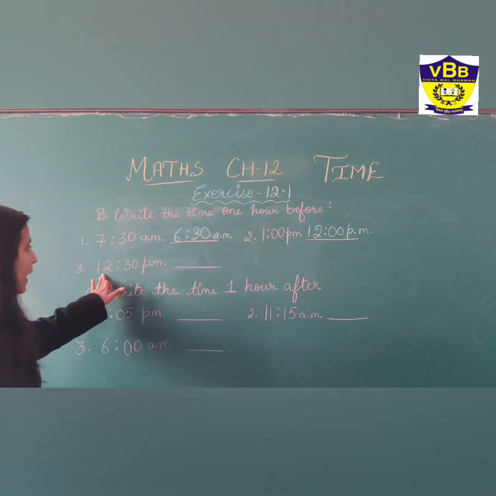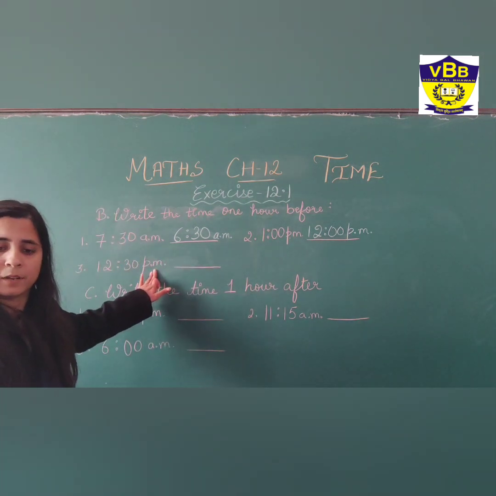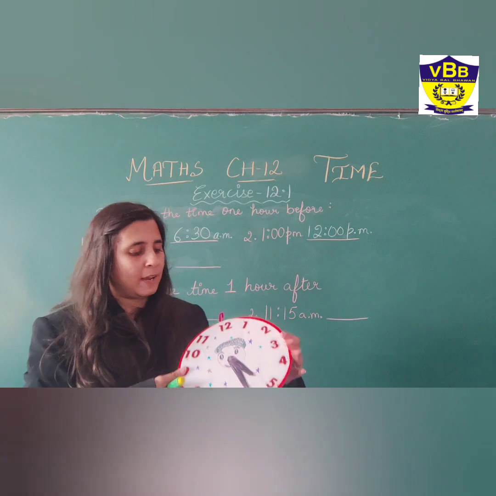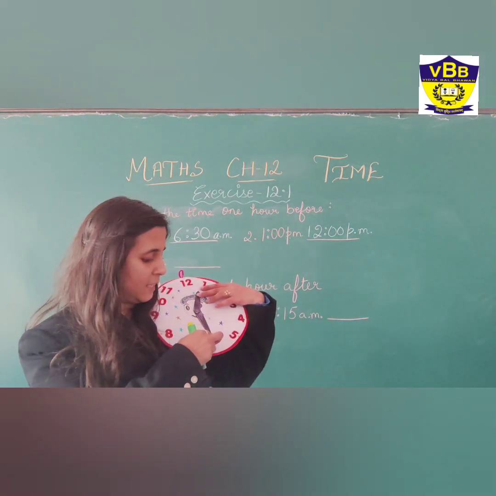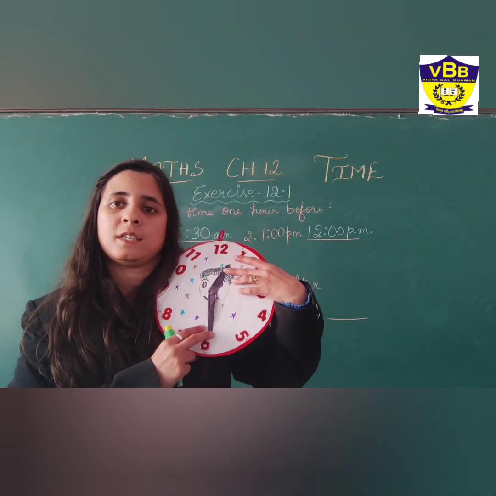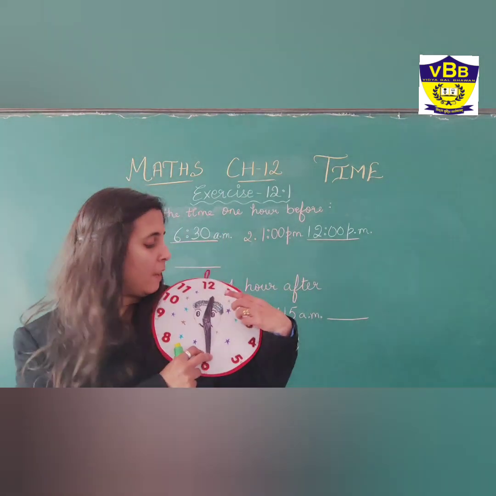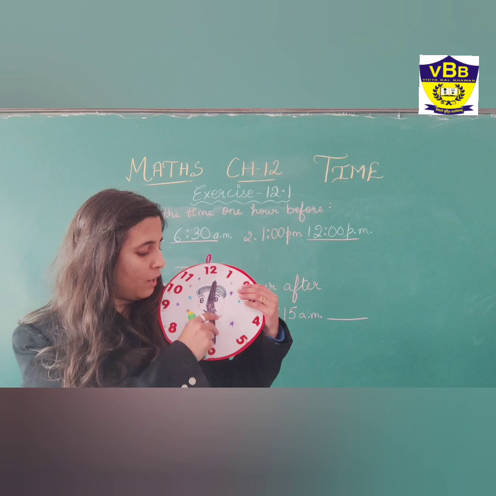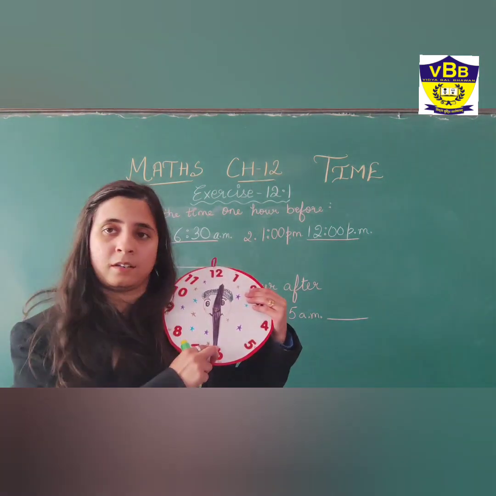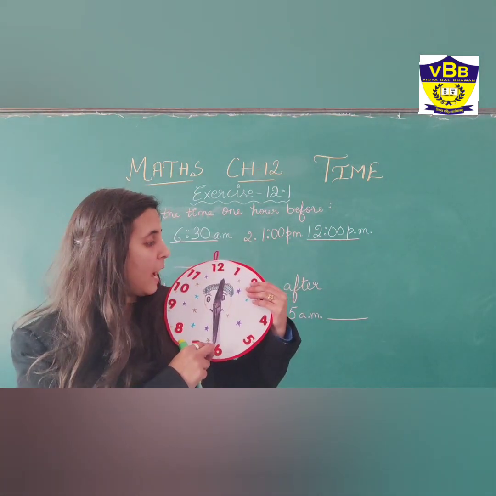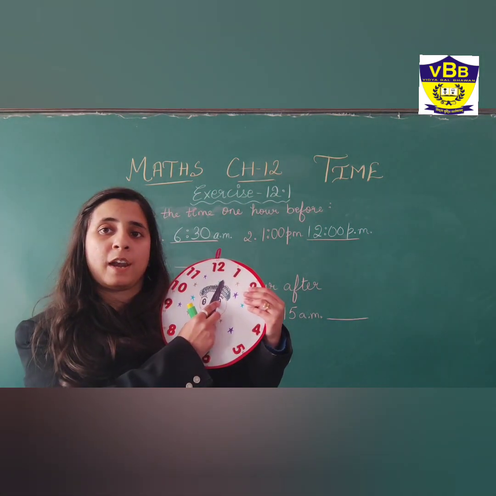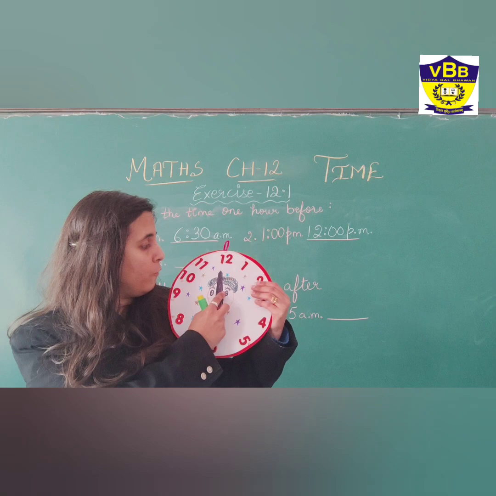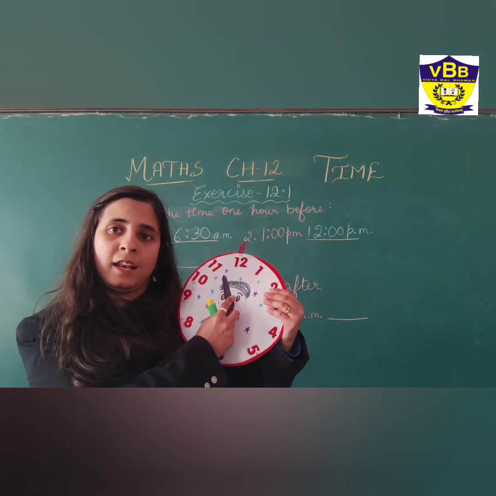Next comes 12:30 PM. If we look at the clock, 12:30 will be here. The short hand will be at 12 and the long hand will be at 6. Right? Now the time 1 hour before 12:30, that means we have to move our clock 1 hour back, that means at 11.